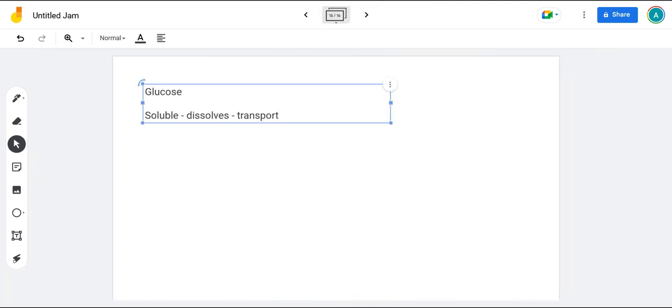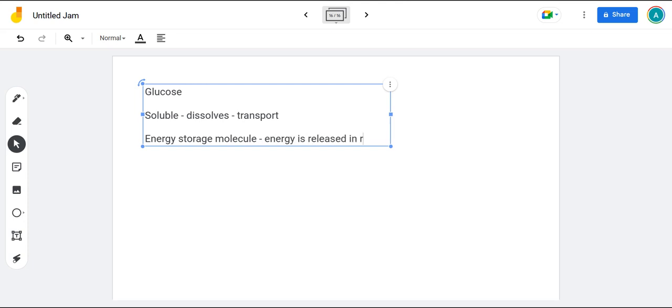And that's the whole point, isn't it? In respiration, we break down glucose to release energy. It's because we break those bonds. The bonds are holding the energy. When we break the bonds, we release the energy. Okay. So glucose is an energy storage molecule, and the energy is released in respiration, and the bonds are broken.